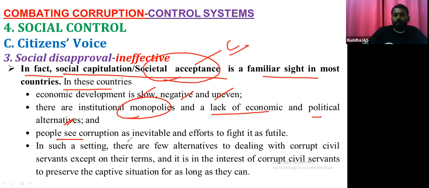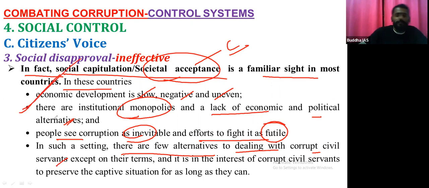People see corruption as inevitable and efforts to fight it as futile, useless. In such a setting, there are few alternatives to dealing with corrupt civil servants. So when the people themselves have accepted things, you will be left with only a few alternatives: accept on their terms. And it is in the interest of the corrupt civil servant to preserve the captive situation for as long as possible. Right?